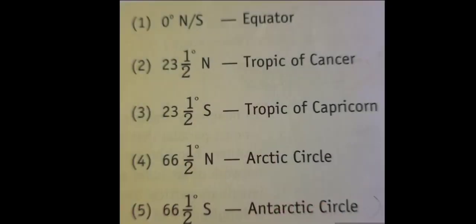These are marked and named as: first, 0 degree is the equator; 23.5 degree north is the Tropic of Cancer; 23.5 degree south is the Tropic of Capricorn; 66.5 degree north is Arctic Circle; 66.5 degree south is Antarctic Circle.